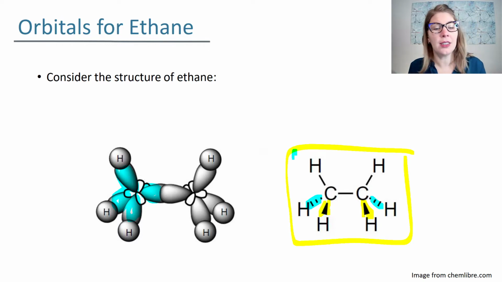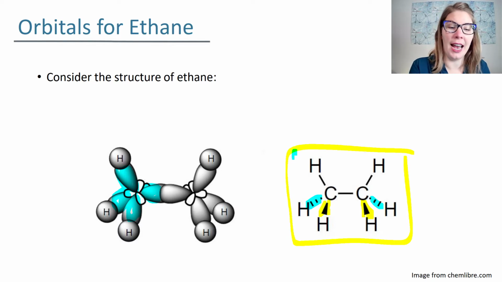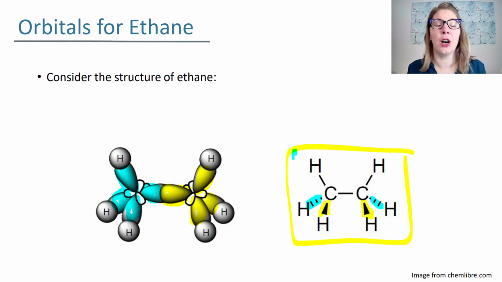The other side of this structure has another carbon atom. I've highlighted the two different carbons in ethane two different colors. The carbon on the left, those sp3 hybrid orbitals are blue. The carbon on the right, those sp3 hybrid orbitals are yellow.